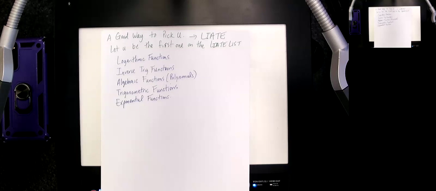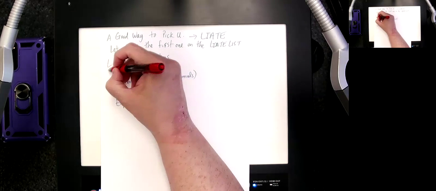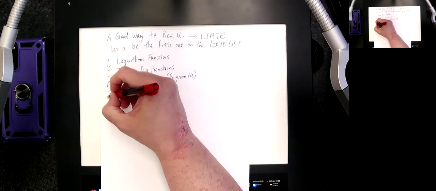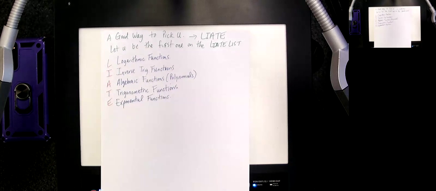This is usually most of the time what you want to do. Every once in a while, you'll find out that doesn't work the way you like, but it's a good starting point. So obviously LIATE comes from the initials. It's an acronym form.